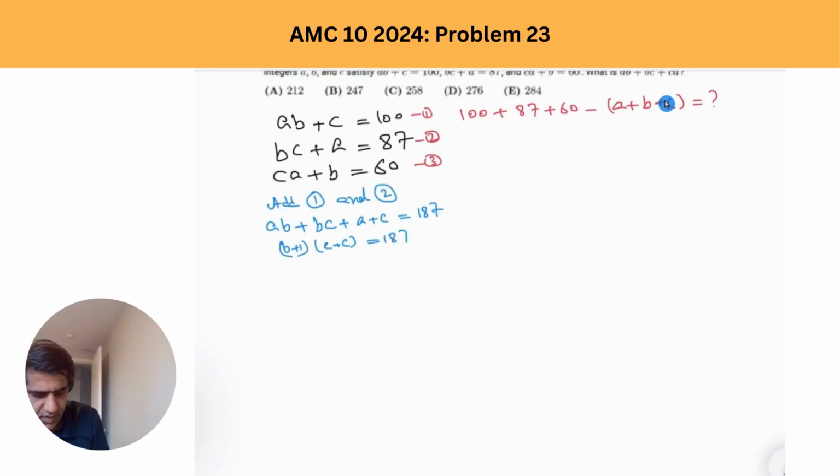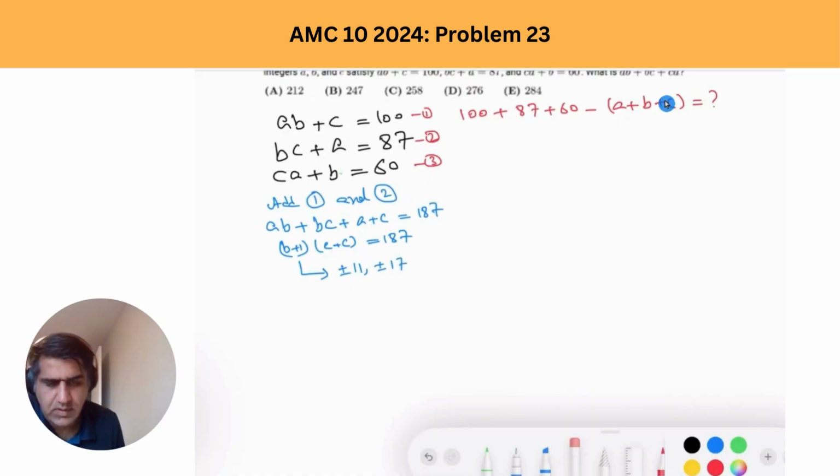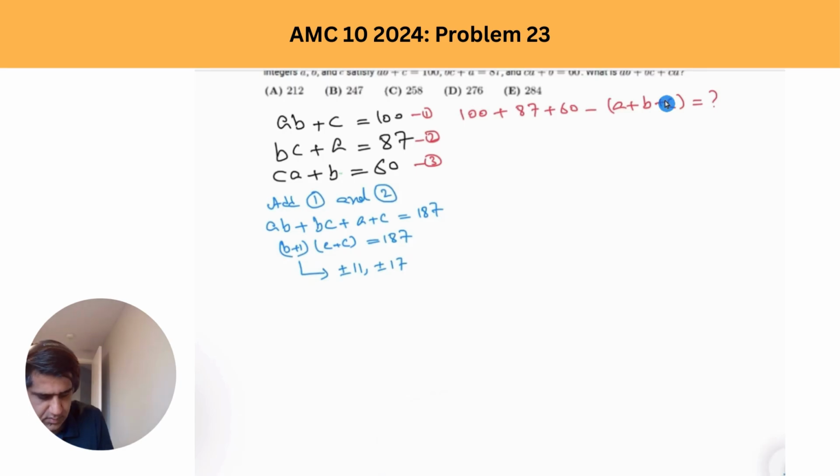From here, as we know already that a, b, and c are integers, the possible values for b plus 1 are plus minus 11 and plus minus 17, right? B that I get, they are minus 12, 10, minus 18, and 16, right?